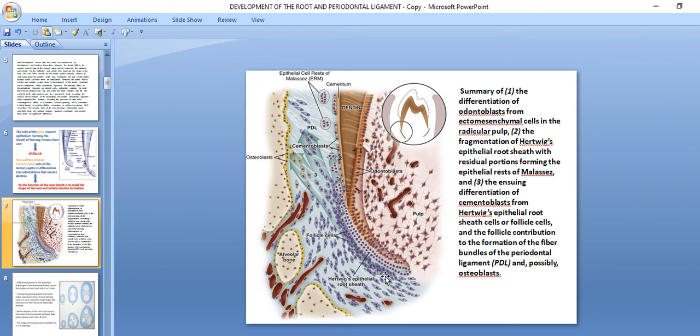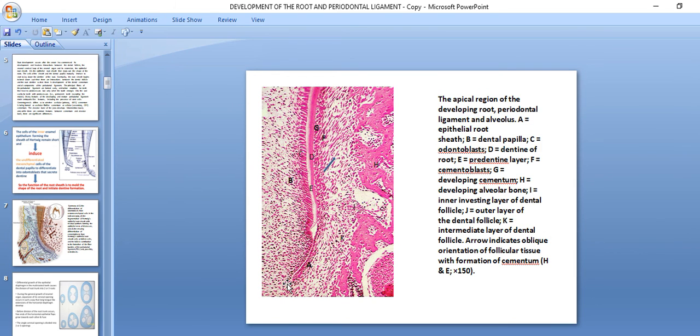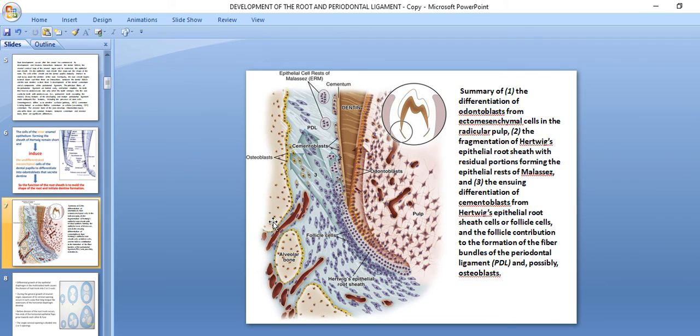In the region of the root diaphragm, this epithelial root sheath is seen as a continuous sheet of tissue sandwiched between the undifferentiated mesenchyme of the dental papilla internally, and the dental follicle externally, and separated from both by a basement membrane. And here you can see this basement membrane.